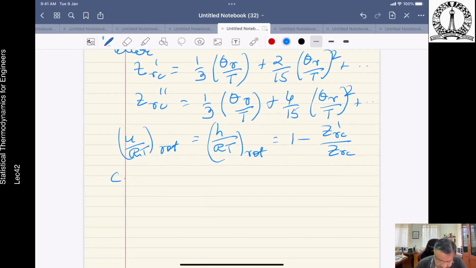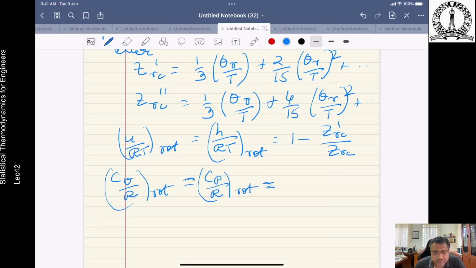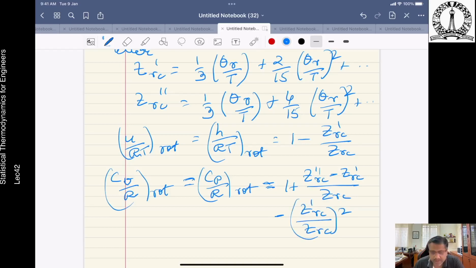And similarly, Cv by R rotation, Cp by R rotation, is equal to 1 plus ZRC double prime minus ZRC prime divided by ZRC minus ZRC prime ZRC squared. You can develop this for all the remaining thermodynamic properties, including entropy and a lot of other things. It's some tedious calculation, but effectively it is the same way.